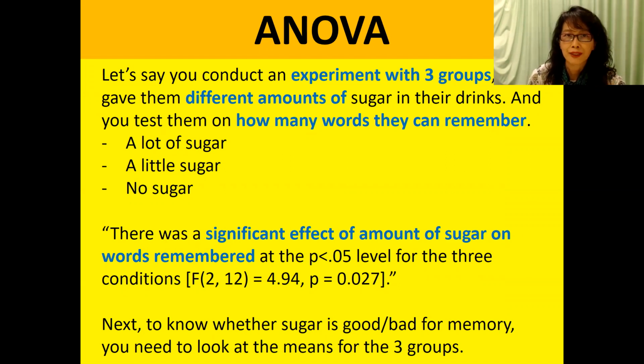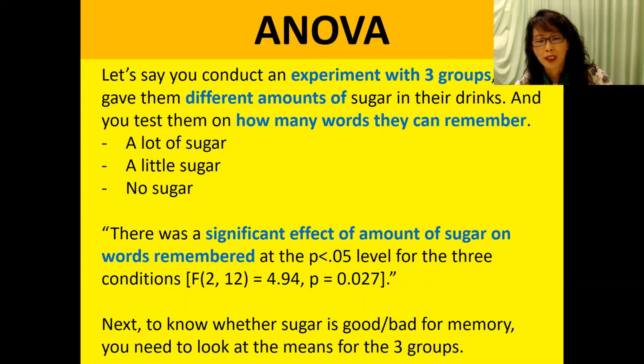This is how ANOVA results are reported. There was a significant effect of amount of sugar on words remembered at the p less than 0.05 level for the 3 conditions. [F(2, 12) = 4.94, p = 0.027].